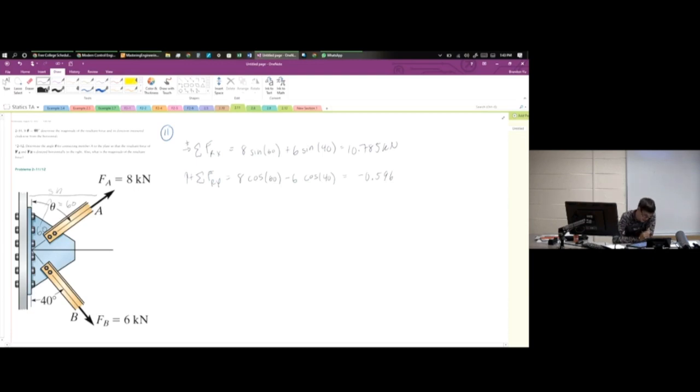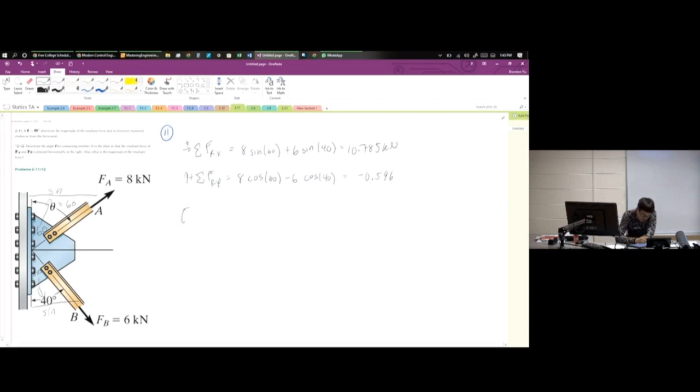Same case for this one: complete the triangle, this is going to be 40, so your opposite one is going to be this side. Alright, so then you would get those two values.